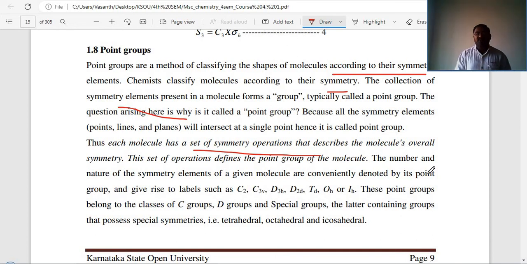The number and nature of symmetry elements of a given molecule are conveniently denoted by its point group, giving rise to a label such as C2v, C3v, Td, Oh or Ih. These point groups belong to the classes of C n and D n groups.